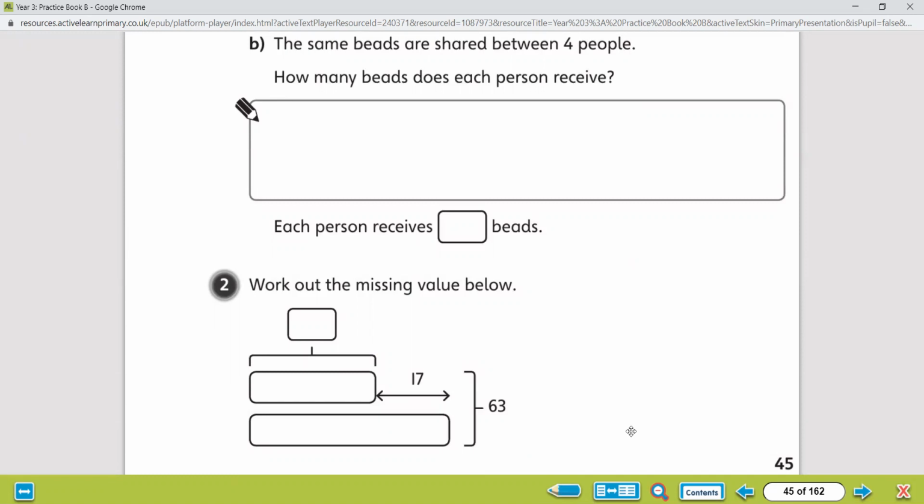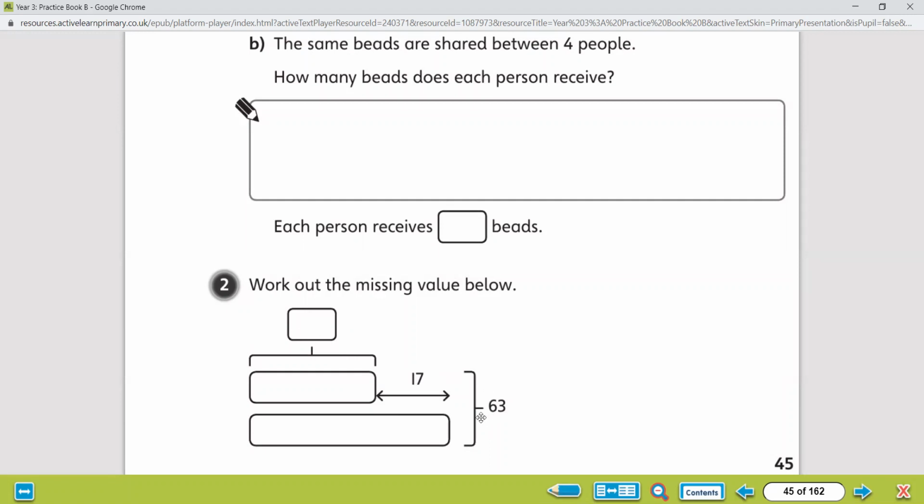Now, question 2 is a horrid question, and I'll let you into a secret, Keller class. Mr. Haslam couldn't do question 2. So let's see what we can do. Question 2 says, work out the missing value below. So this is what it wants us to work out. And it's given us some information. It says, when I add this number to this number, they make 63.